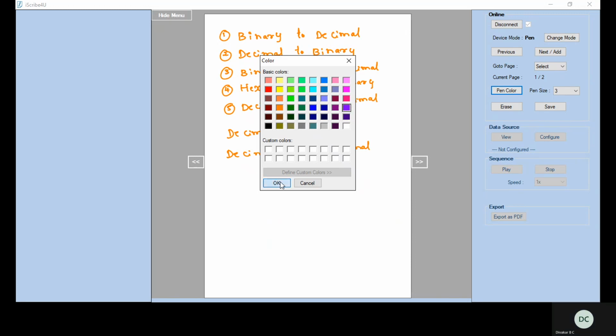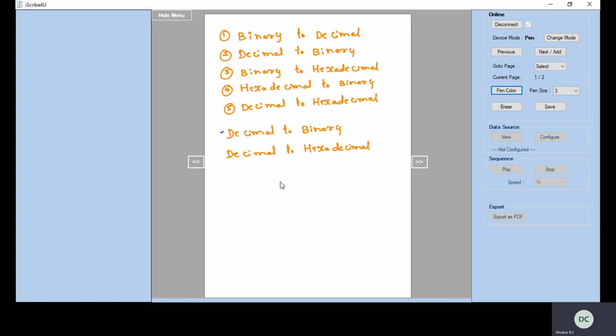If the first letter is D, we can remember easily: D stands for divide. That is, decimal to binary means divide the given number successively by 2. Decimal to hexadecimal means divide the given number successively by 16.